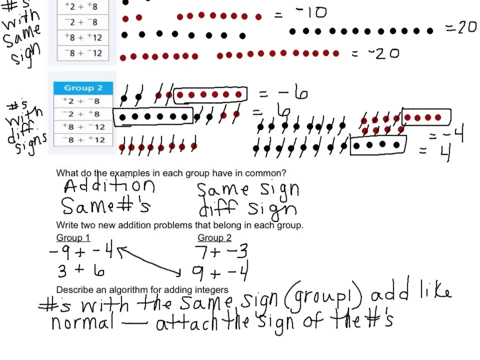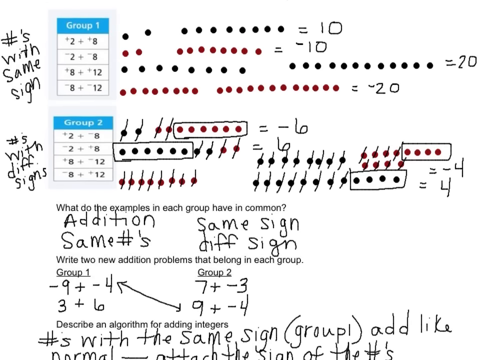Alright, but what about group 2? Numbers with different signs. If you have not already seen it, if I just take the first example, 2 plus -8, my answer is a -6. Well, if I think about how 2, 8, and 6 relate to one another, I know that 8 minus 2 gives me a 6.